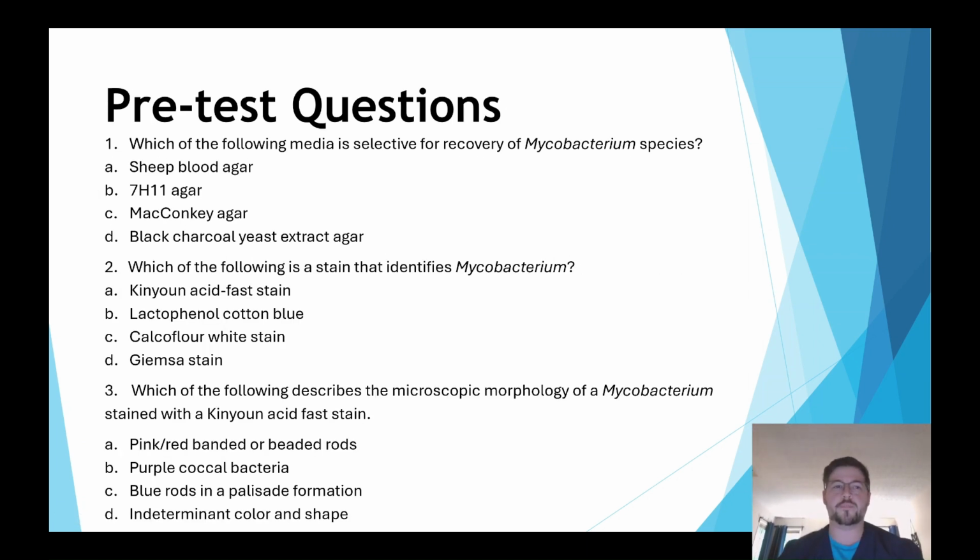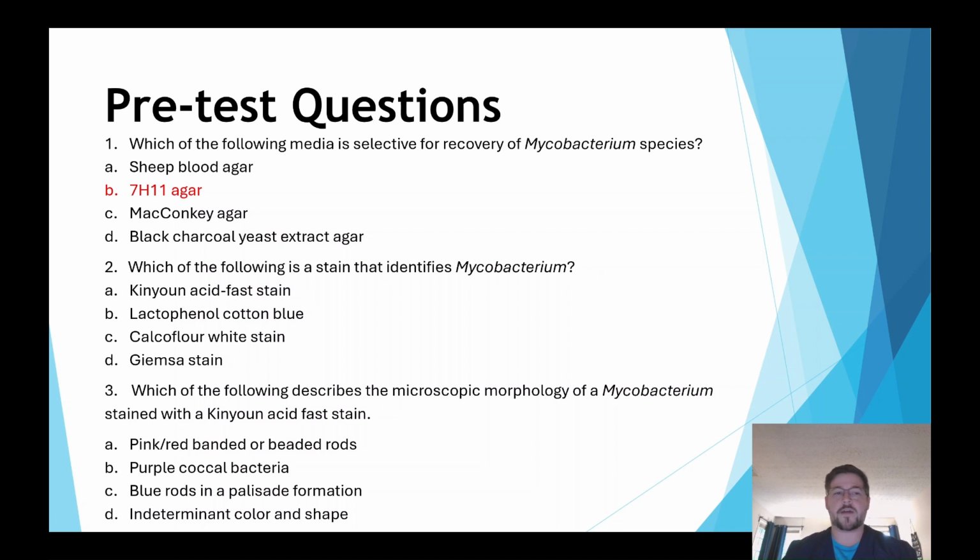So here I have some pre-test questions for you. Question 1, which of the following media is selective for recovery of Mycobacterium species? The answer is B, 7H11 agar. Question 2, which of the following is a stain that identifies Mycobacterium?